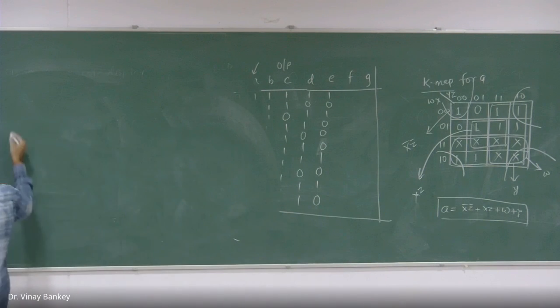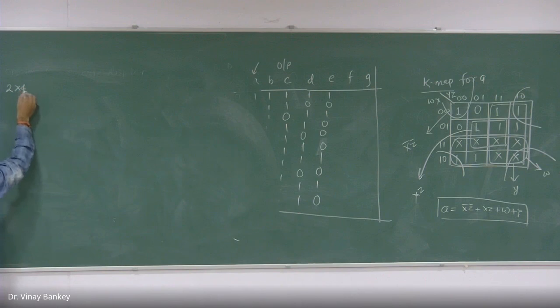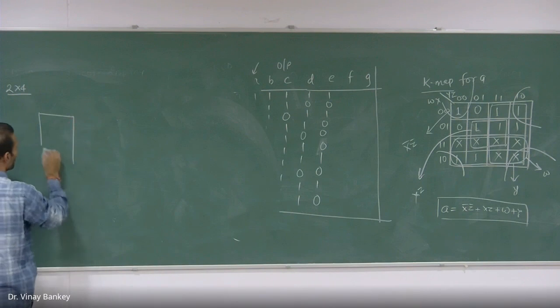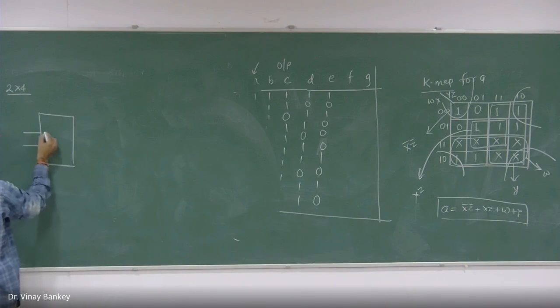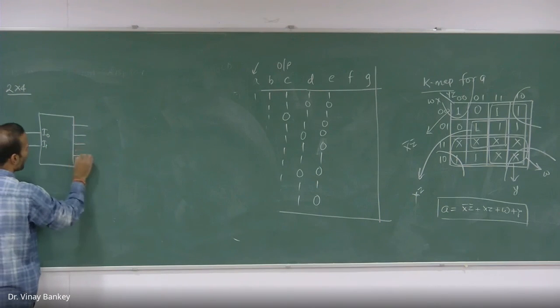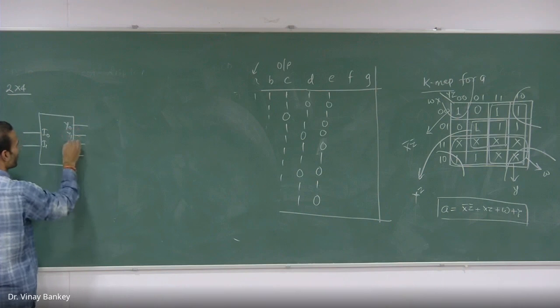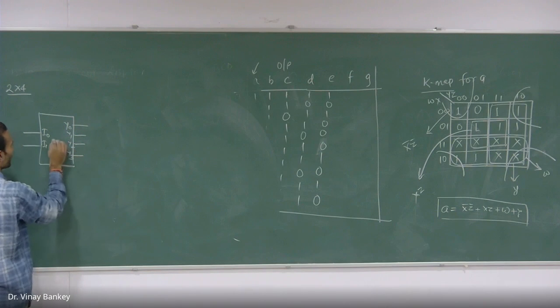So till now you have seen that if there is a 2x4 decoder, you have these 2 inputs with 4 outputs. This is a 2x4 decoder.